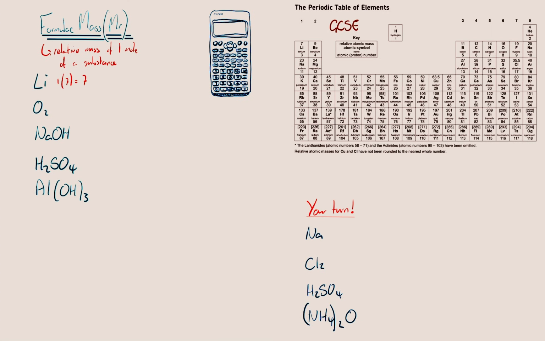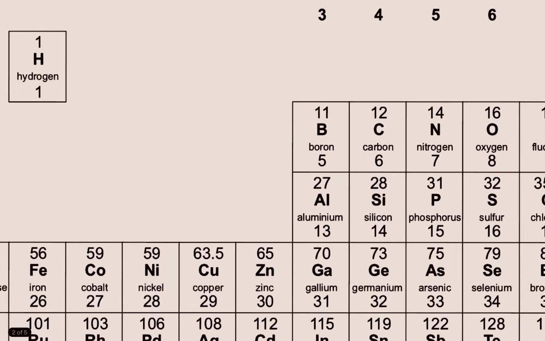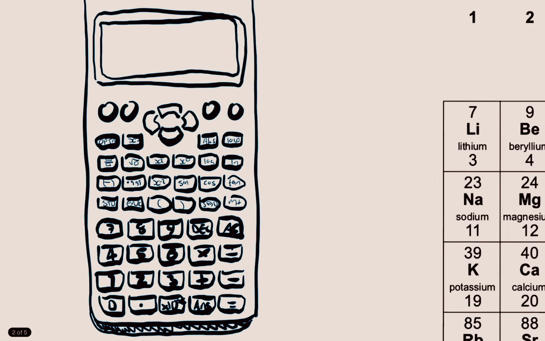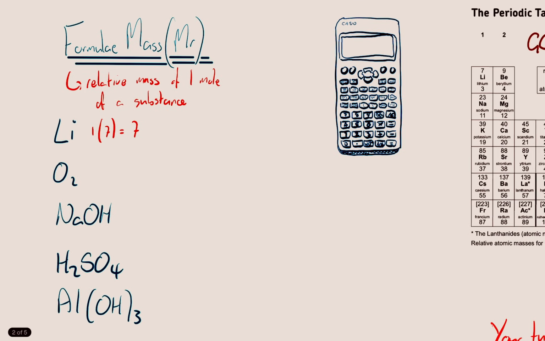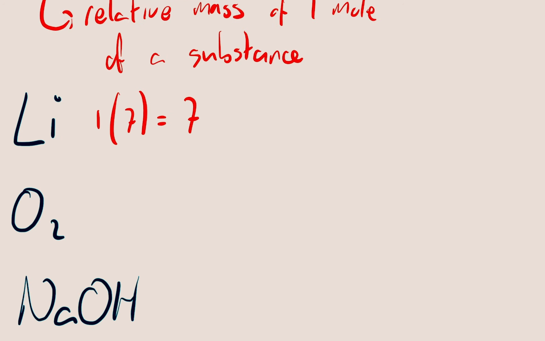Let's do oxygen. So oxygen here, which one do we look at? Yep, 16. We look at the top one, the mass. Now, oxygen, we've got this little 2. So we've got 2 of these oxygens. So we do 2 lots of 16.